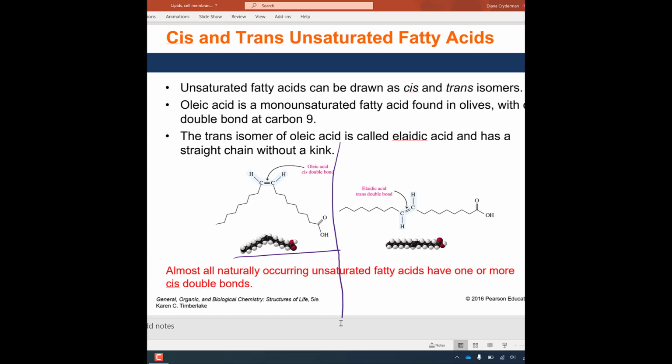So that same side means that the chain is going down on both sides of my double bond. So if we remember back to the alkene section, cis, same side, versus trans, one kind of goes up and the other kind of goes down. So in essence, this kind of stays straight across as I'm drawing this line angle.